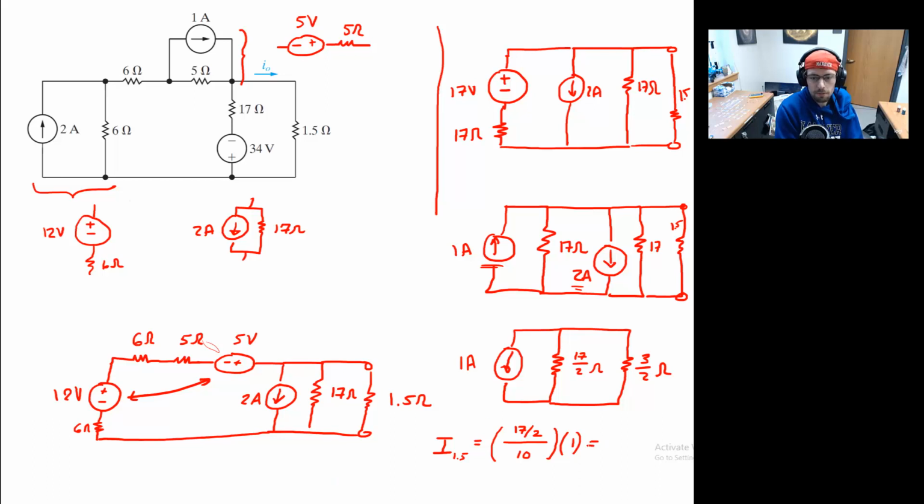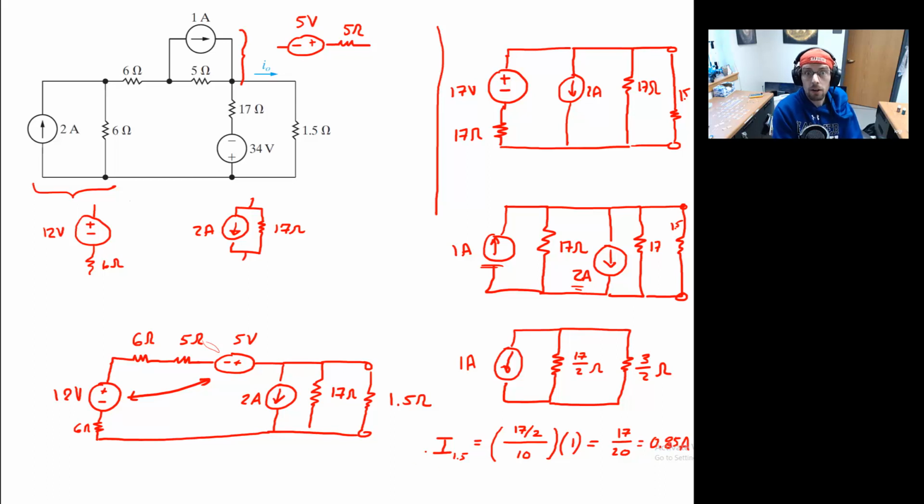So we get 17 over 20. Let's see, 17 over 20. Okay, so it's 100 minus 15. So we get 0.85 amps.